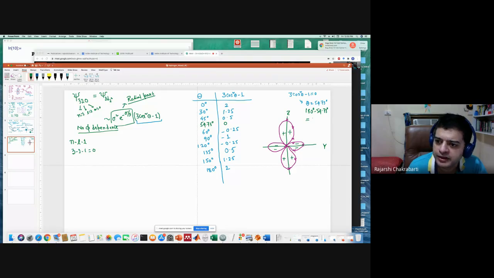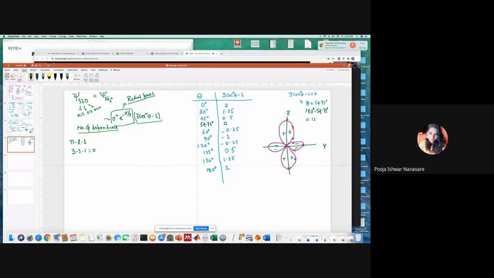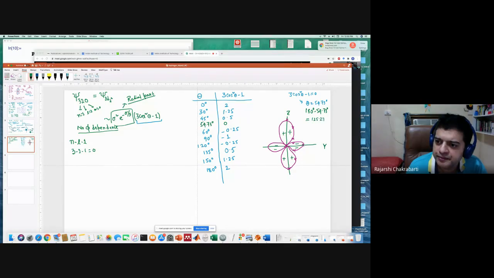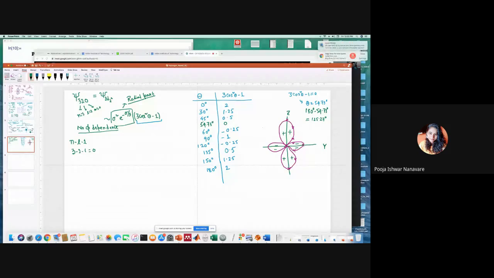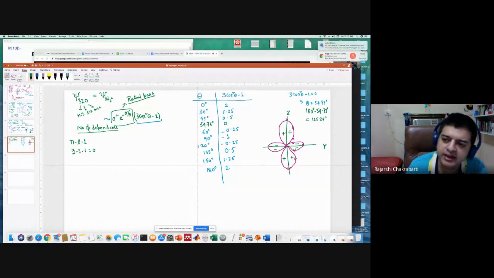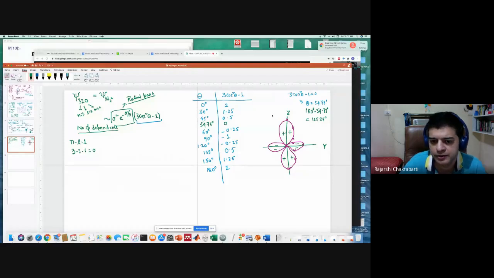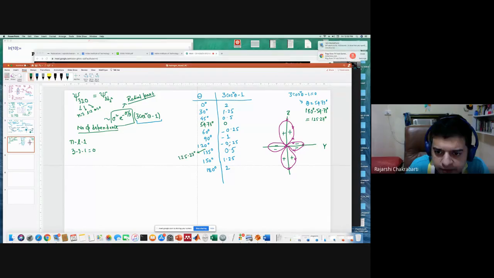Like 125.27, 125, isn't it? Hmm. So what is this angle? This is another angle for which this 3 cos square theta minus 1 is 0. It will be somewhere here. Devojit, this is fine? Or anyone else? Yes, sir. Value is 0 degree. That had not been written. Okay.